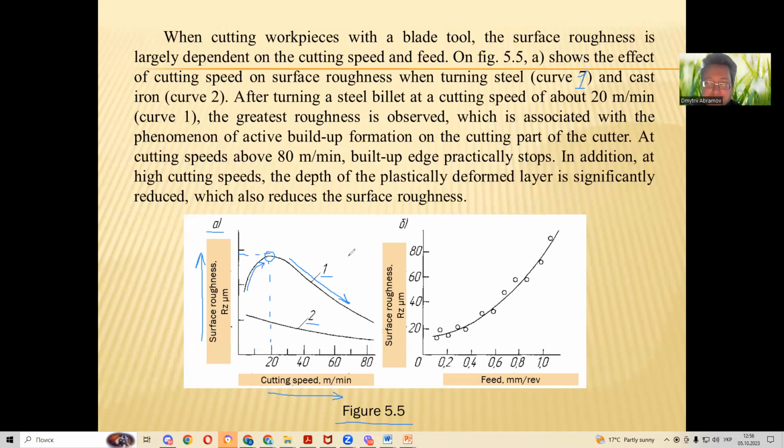In addition, at high cutting speeds, the depth of the plastically deformed layer is significantly reduced, which also reduces the surface roughness.